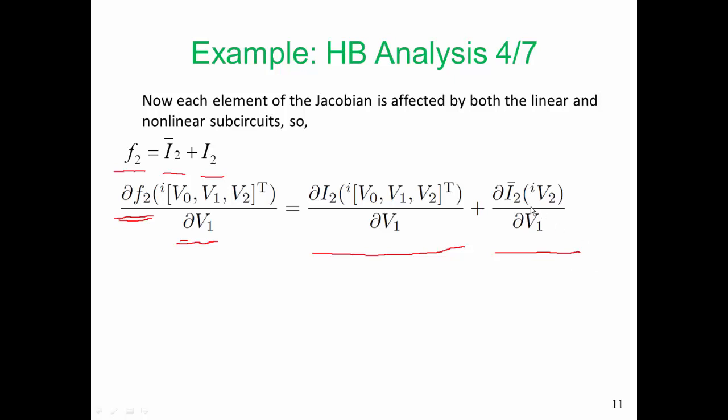Now we know some things about this up front. One is that the derivative of the current at the second harmonic with respect to the voltage at the fundamental must be 0. It's a linear circuit. Only the voltage at a particular frequency can affect the current at that frequency.